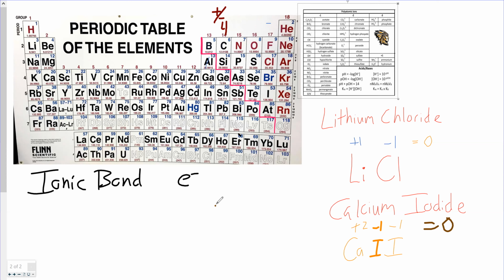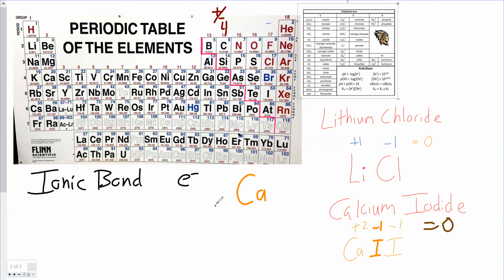So now here, those are just charges. Okay. Subscripts are little numbers that tell us how many of each we need. So when I write the formula, we use subscripts. So if I look at this, it's a calcium iodide. How many calciums do you see? We only have 1. You can write the 1, but we really don't have to because we already wrote calcium. So we know we have at least 1 of those.